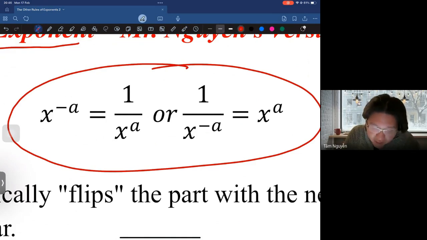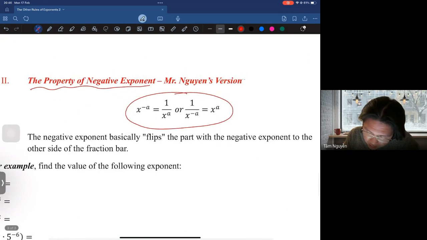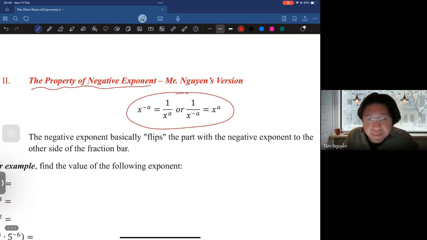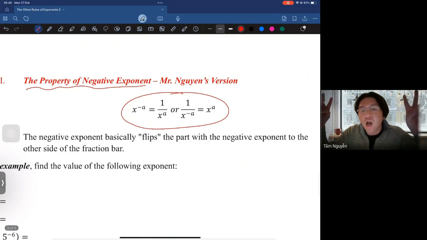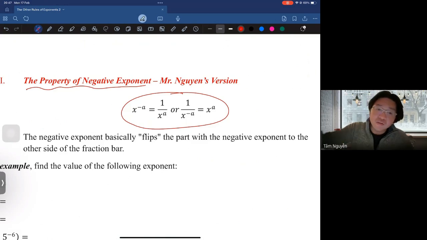So that's it. Basically, if you read right here, the negative exponent rule just flips the term, flips the number with the negative exponent, to the bottom part of the fraction, or to the other side of the fraction.